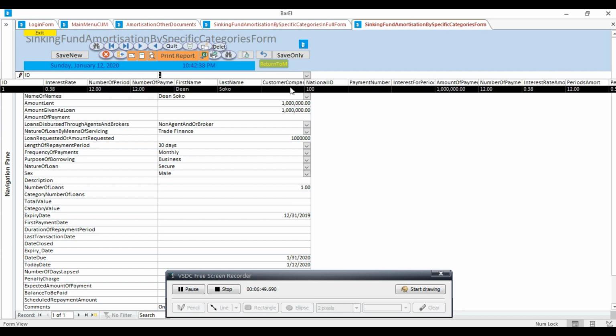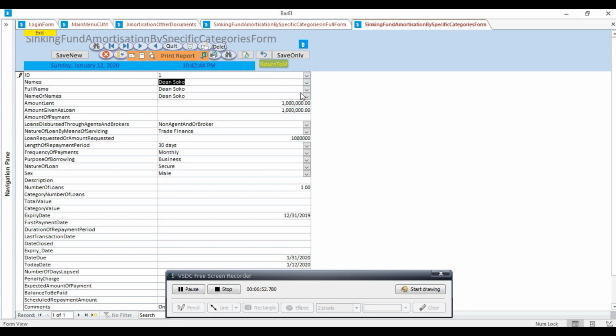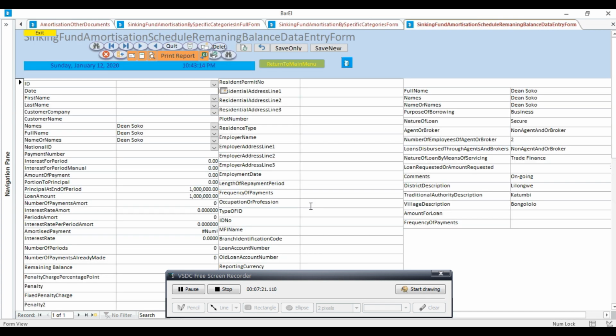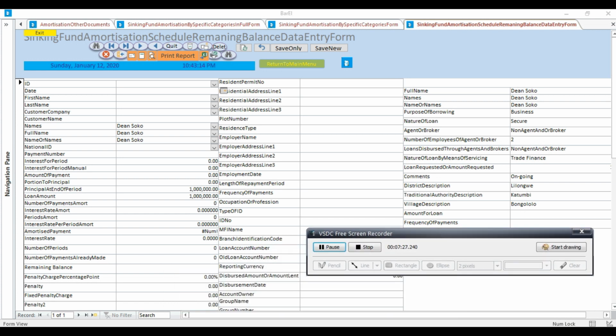Then just go to another form. Don't fill anything on the first record.